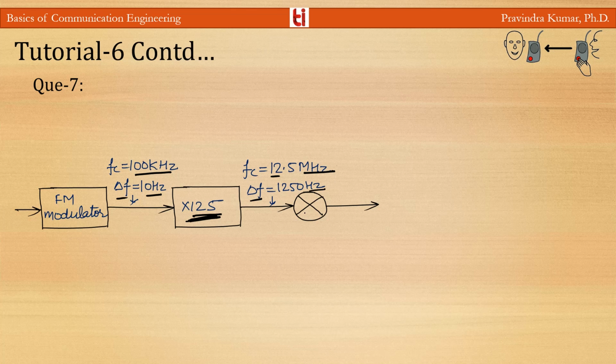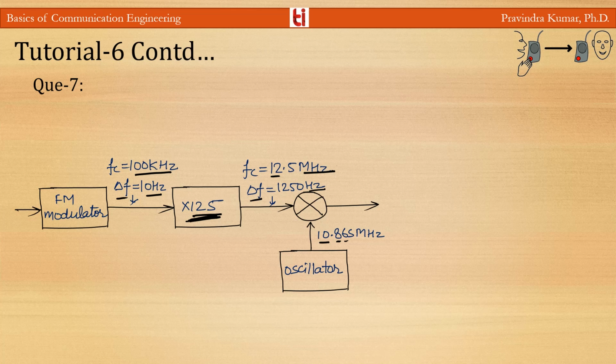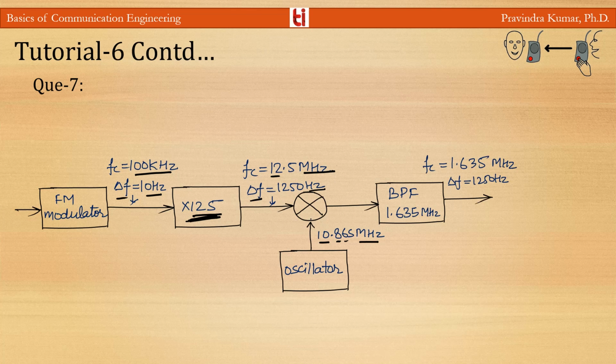Now if I use the product modulator with an oscillator of 10.865 megahertz, and use a band pass filter at 1.635 megahertz, then I will get the frequency 1.635 megahertz and deviation is 1250 hertz. So at this point there is no change in the frequency deviation.